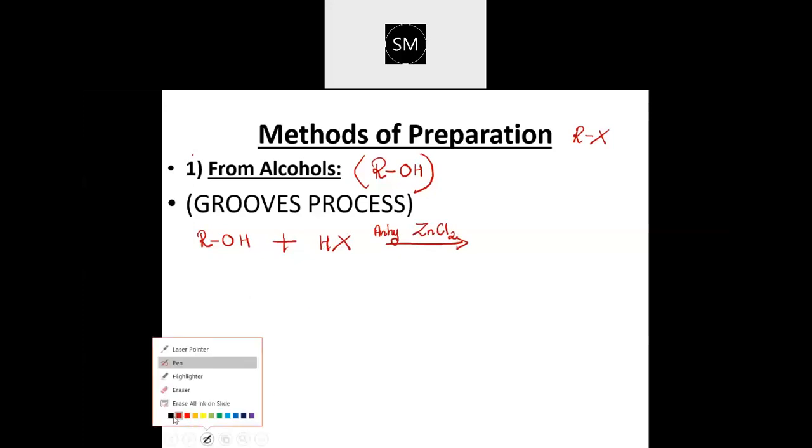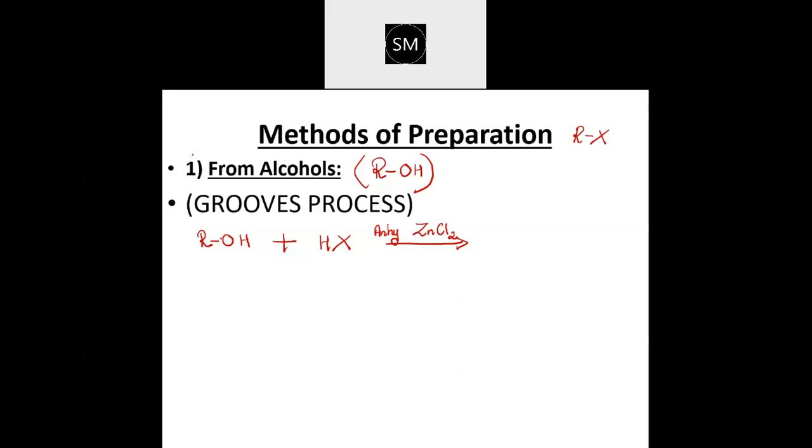Now when these two react, what will happen during the process? If alcohol reacts with HX, every time you are writing the product, most of the time it is a double decomposition reaction. So do the charge separation first and then take that positive charge with the other anion. I'll show you how. Between R and O, which is more electronegative?